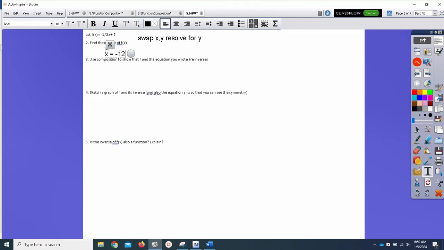I've got my negative 1/2 x, which is going to become a y plus 5. I'm going to subtract 5 from both sides. Why not? And to counteract this whole negative 1/2, I'm going to take both sides and multiply by negative 2.